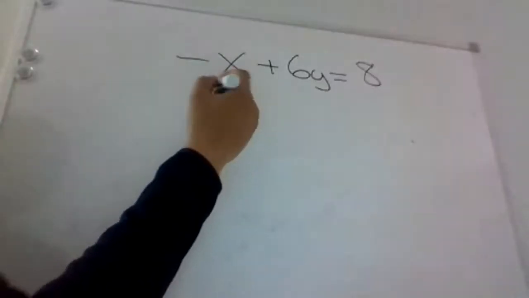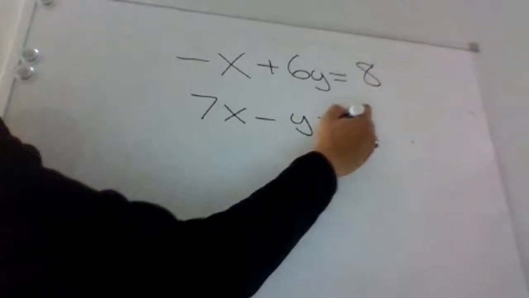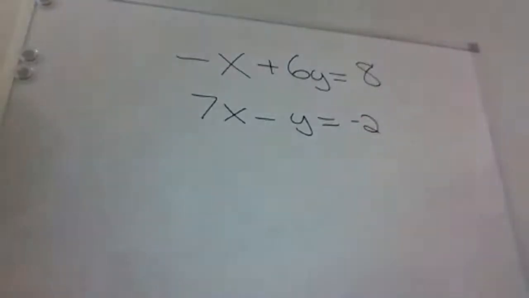And then we're going to have 7x minus y equals negative 2. And I'll give you guys a moment to write that down.